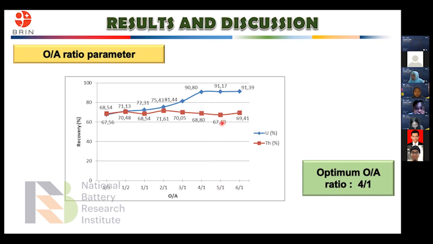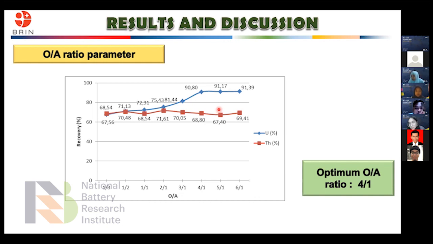The O/A ratio directly affected the extraction process because the capacity of the extractant increased with the increase in extractant volume. The more organic solution or extractant used, the more uranium was extracted into the organic phase.